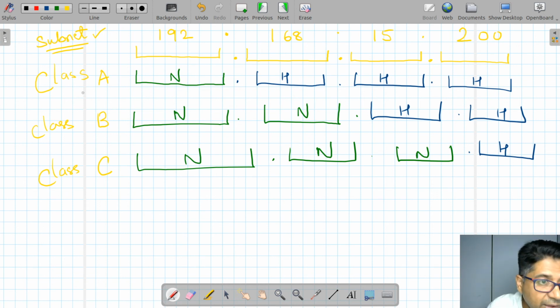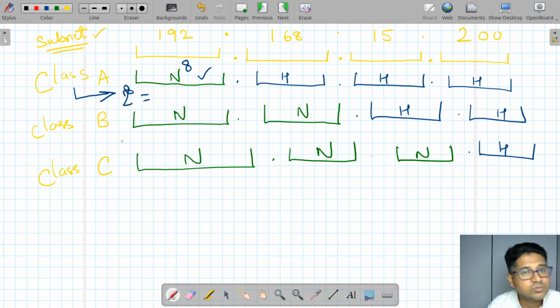Now in class A, how many networks do you get? How many bits are there? 8 bits. So 2 to the power 8 networks. What does 2 to the power 8 mean? Do you remember the table? We will start from the table.